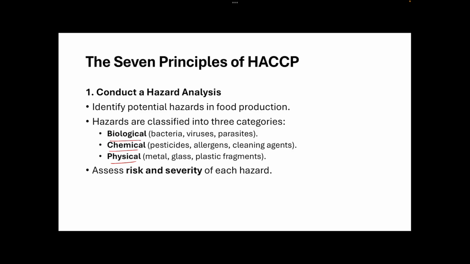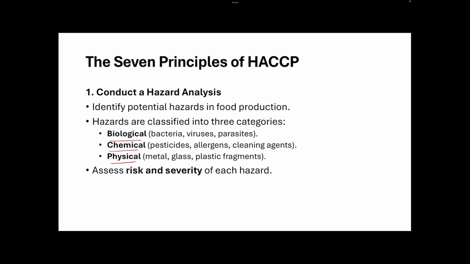So throughout your process, right from receiving the material, raw material, to the production, product finishing, you have a process flow. So create a process flow diagram, and at each step in the process, identify what biological hazards could be there, what physical hazards could be there, what chemical hazards could be there in your process.